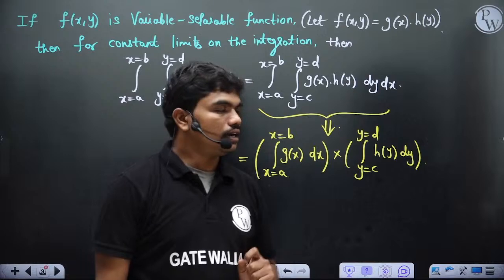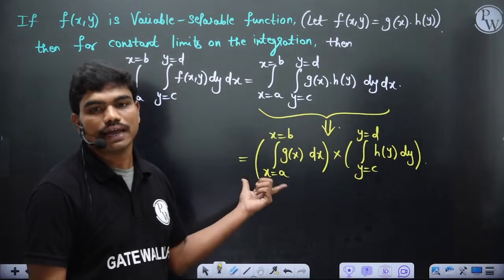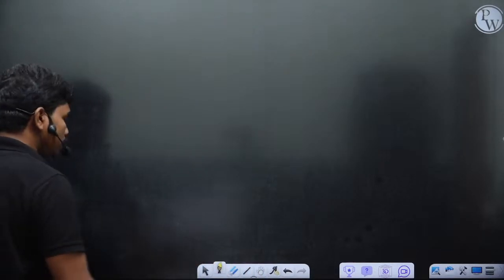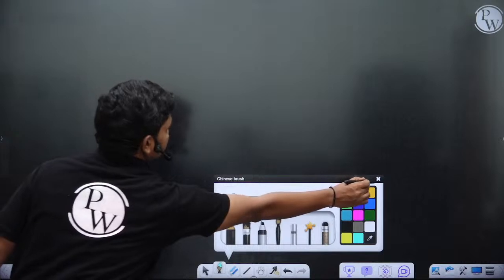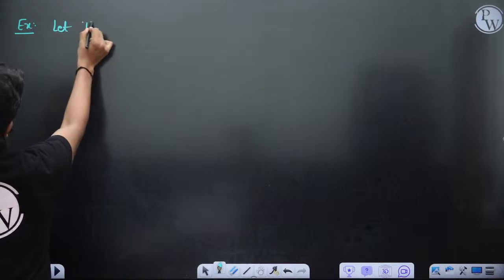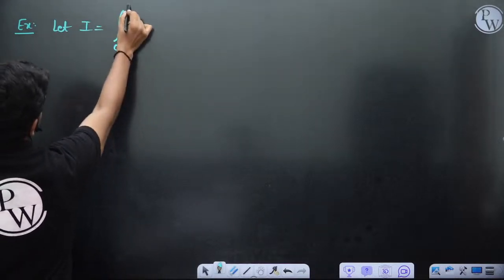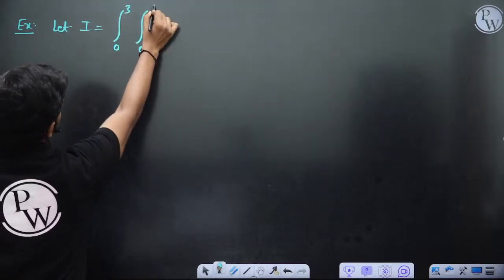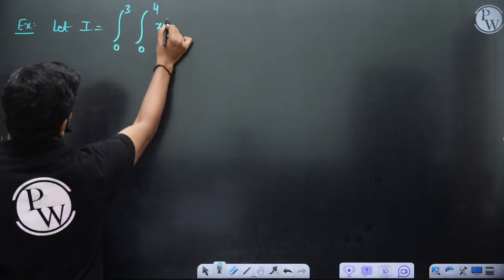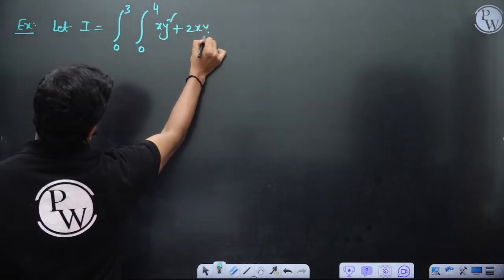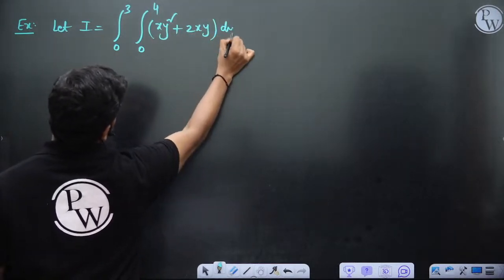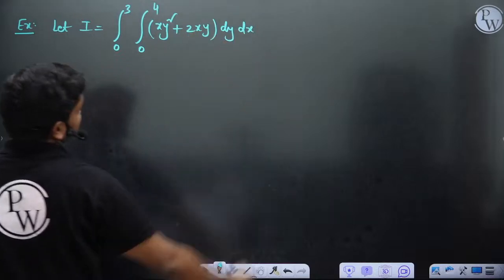Let's work out an example to figure out whether this is valid or not. I'll also show you how to evaluate in case of constant limits. Example: let I be equal to the integral from 0 to 3, integral from 0 to 4, let's say, of xy square plus 2xy dy dx. Let's say you take some function like this, so that it's continuous everywhere in the region.